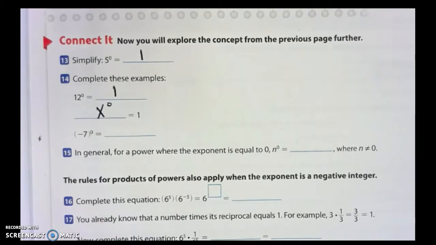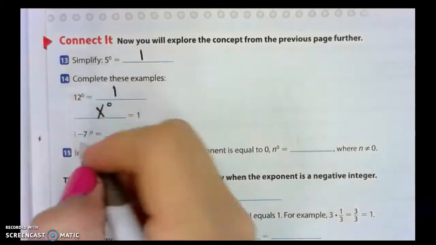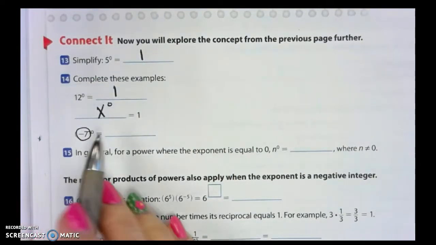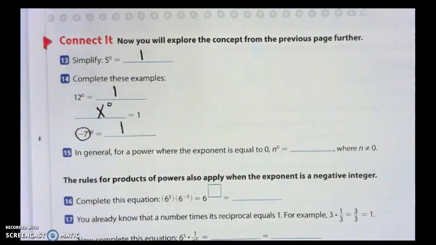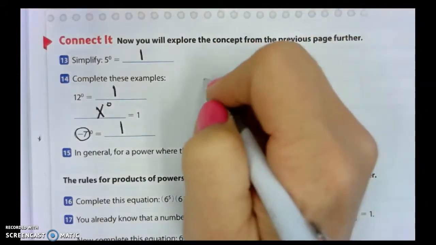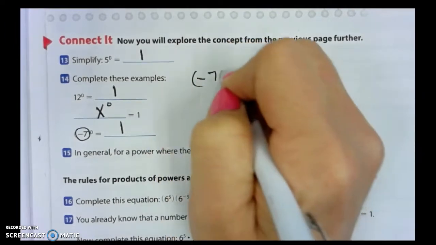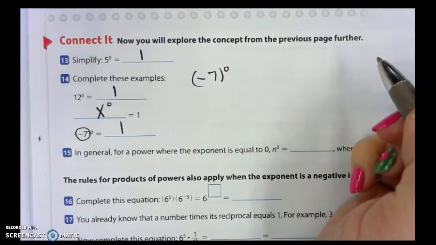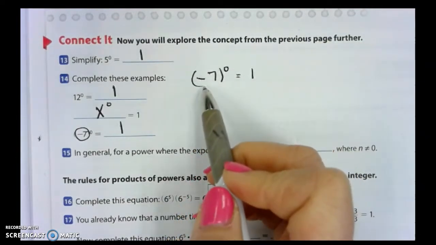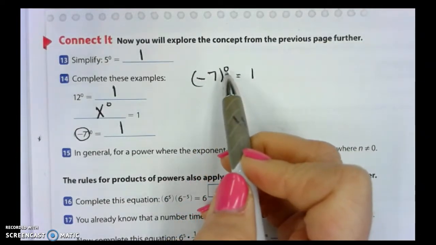Negative 7 to the 0, everything inside the parentheses to the 0 exponent equals 1. I do want to talk to you about negatives. Negative 7 in parentheses to the 0, we just said equals 1 because everything inside the parentheses is to the 0 power.